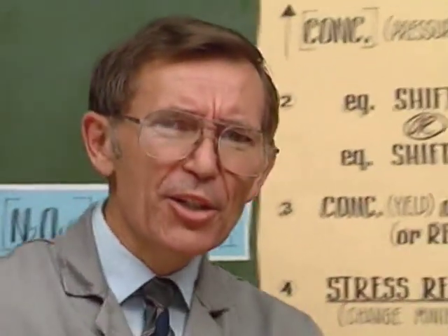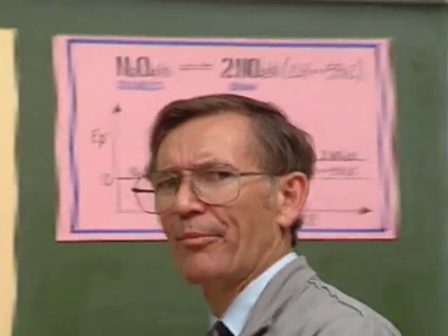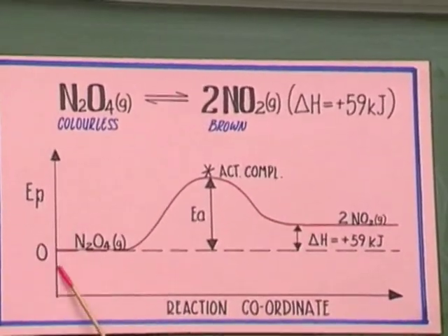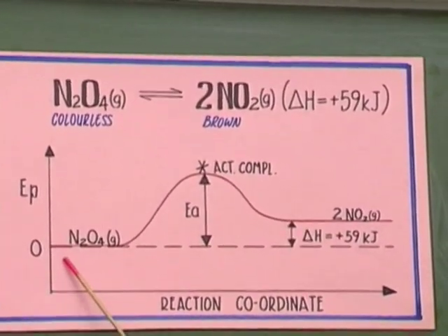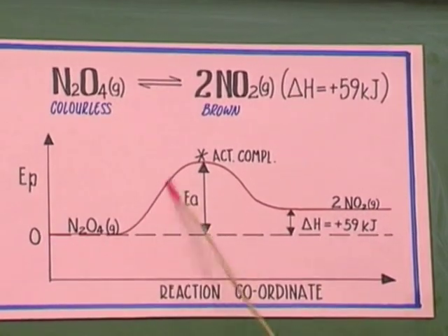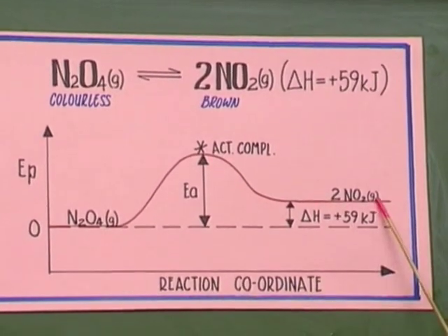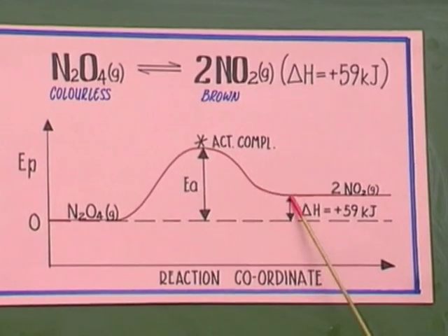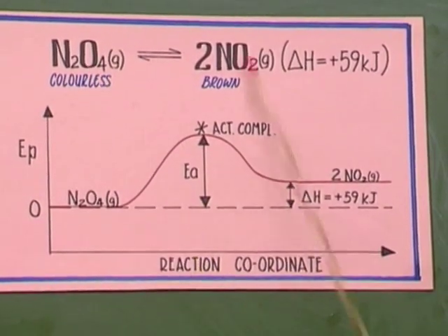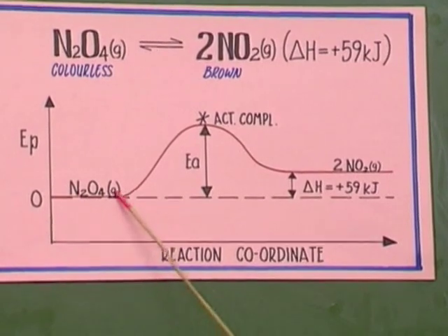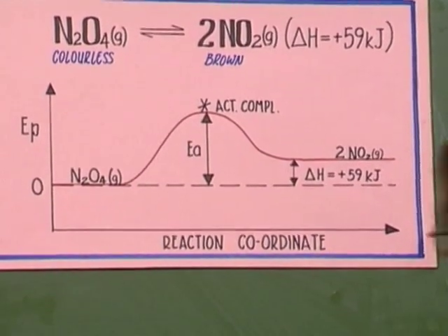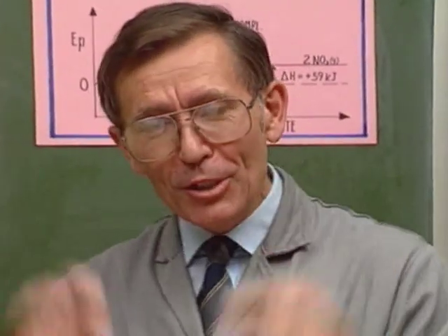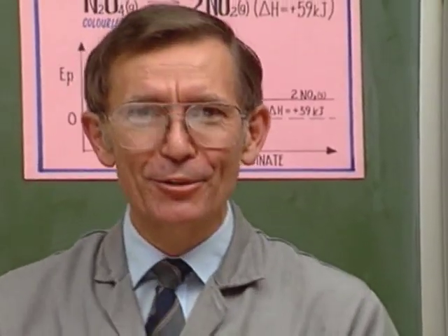Now, how is this stress relieved in this case? This is the potential energy curve of the reaction. We can see that the forward reaction is endothermic, which is a reaction which absorbs heat. So, by shifting the equilibrium to the right, some of the added heat is used up, and consequently, the temperature will drop, and the stress will be relieved.